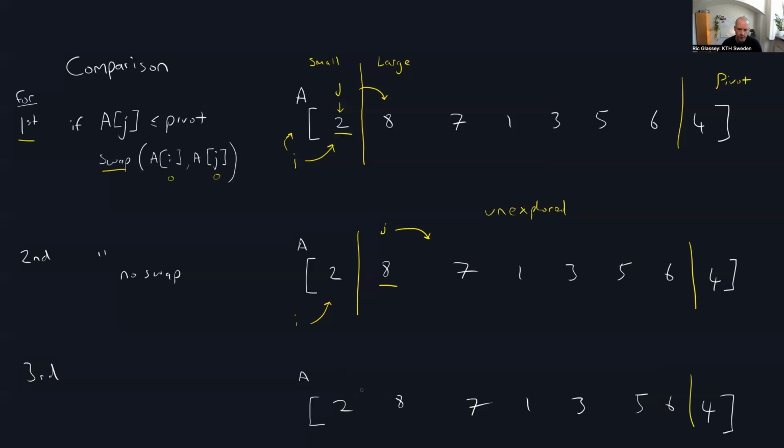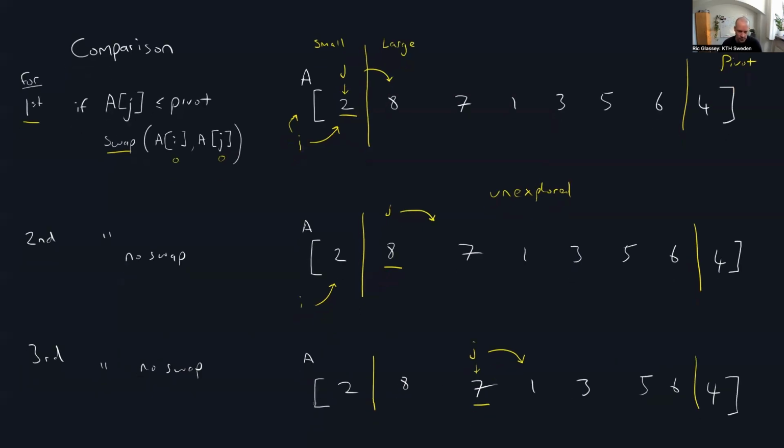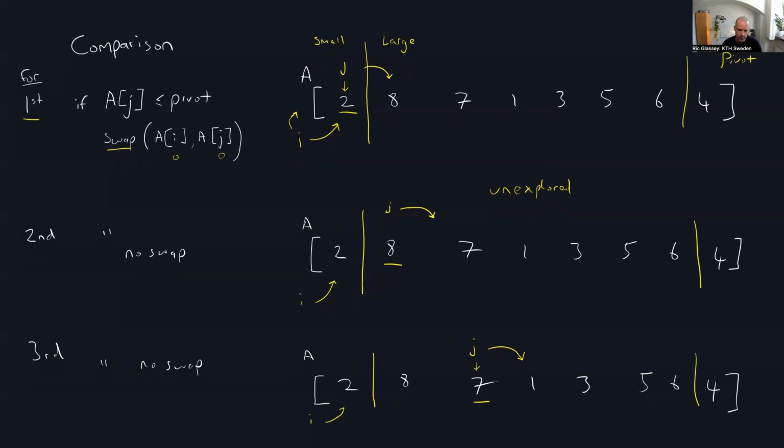At this point in time, we again have no swap, because j has moved on to point at 7. 7 is not less than 4, so we're going to move on again. So again, this time, no swap for those numbers. So far, not incredibly exciting. I should just make sure that I is still pointing here.